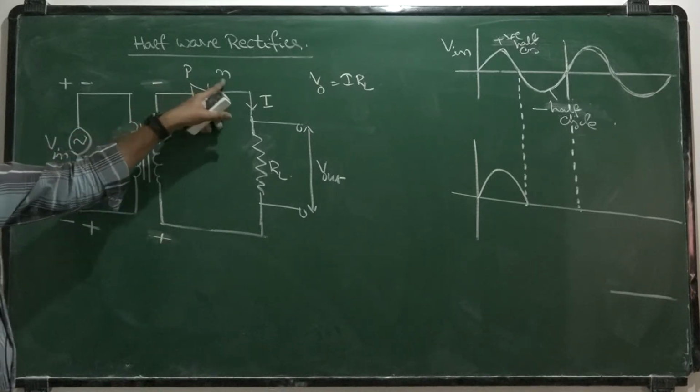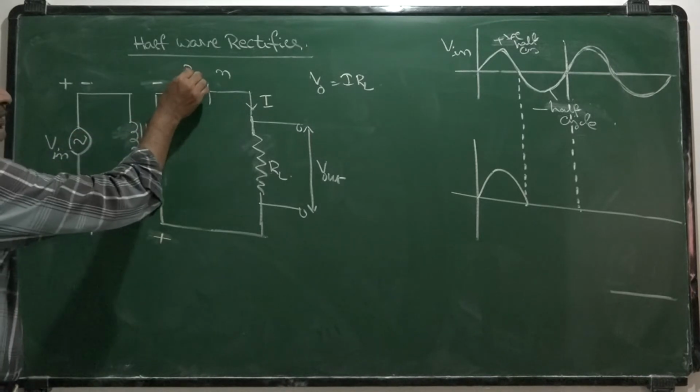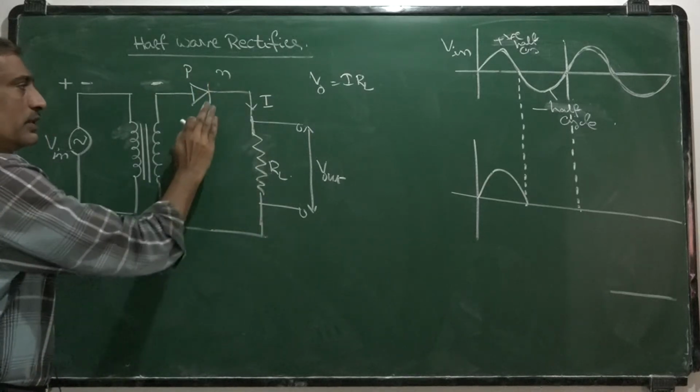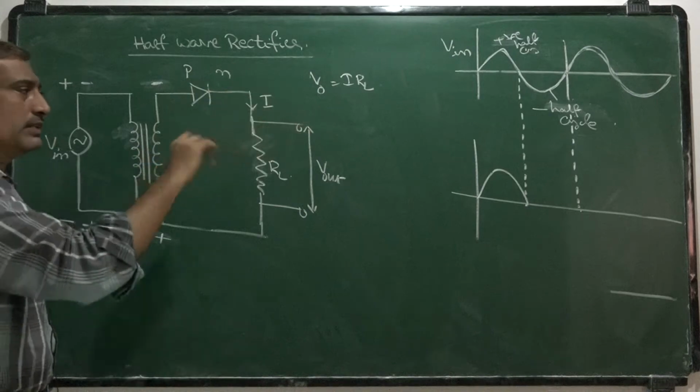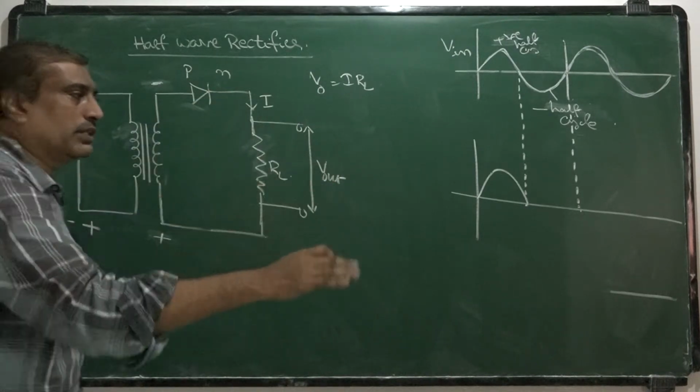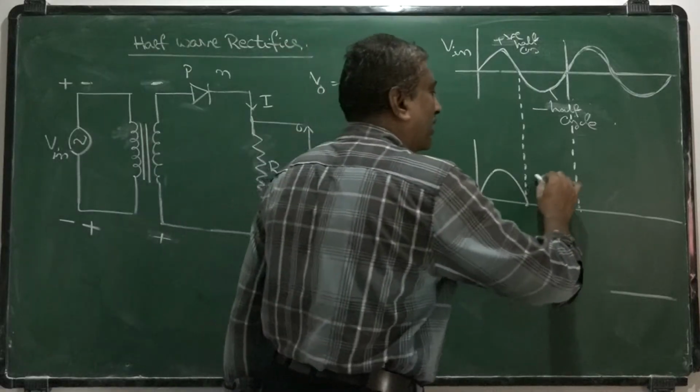So the PN junction is in reverse bias because P is connected to the negative and N is connected to positive. So this PN junction is in reverse bias, it does not allow current and does not conduct, so we won't get any half cycle here.